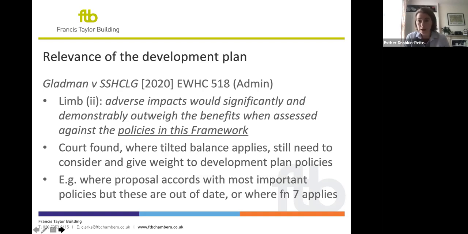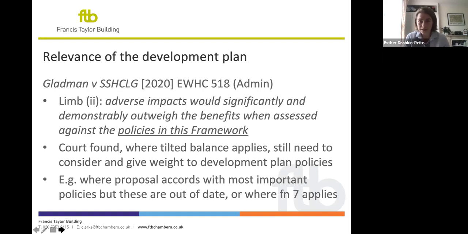Or there might be a situation where a local planning authority cannot demonstrate a 5-year housing land supply, but does not satisfy the housing delivery test, but because of some short-term issue, the development plan is actually very recently adopted or up to date in all other respects.